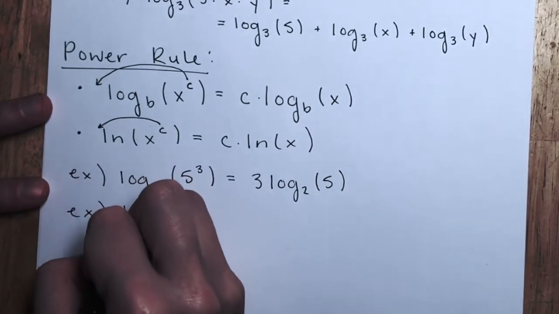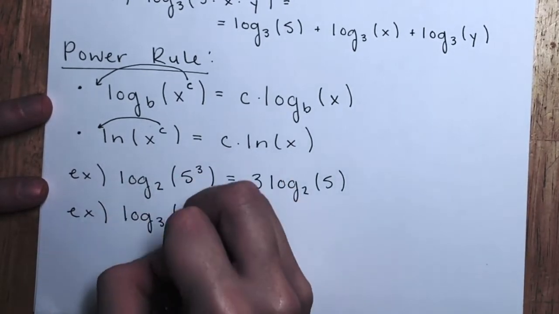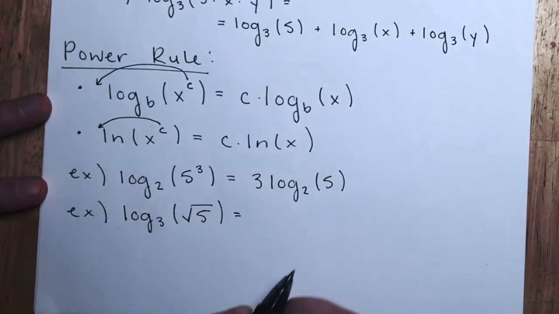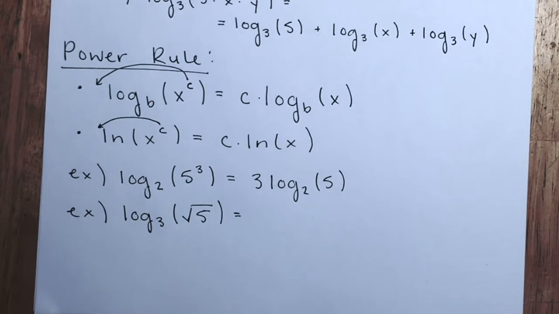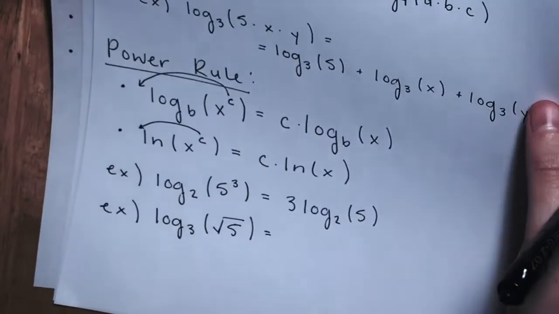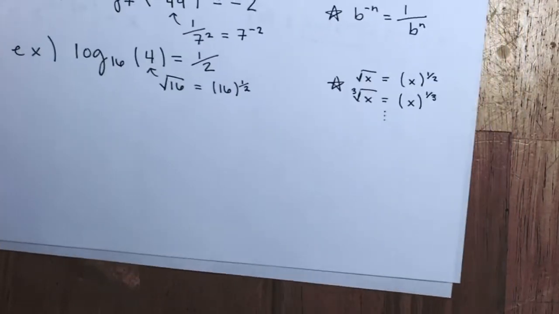Let's say we've got log base 3 of the square root of 5. So how can we use the power rule here? Well, it doesn't even really look like we have a power. But is that true? Let's think back to that example we did earlier. The square root of something can be written as a power, right?